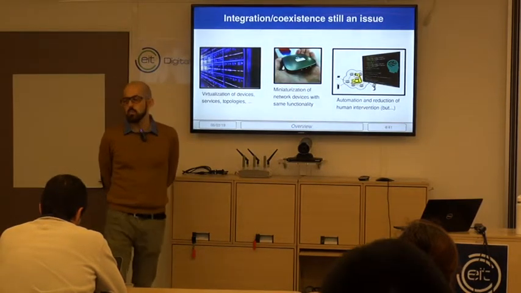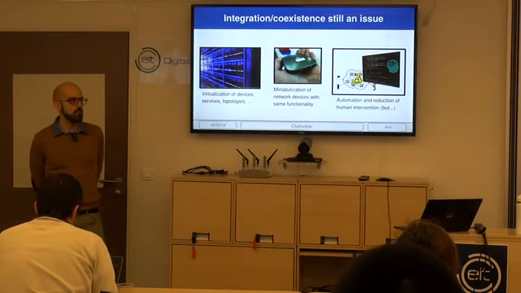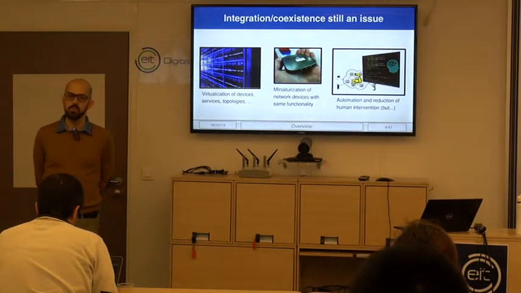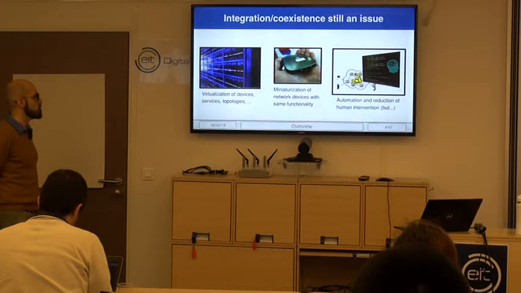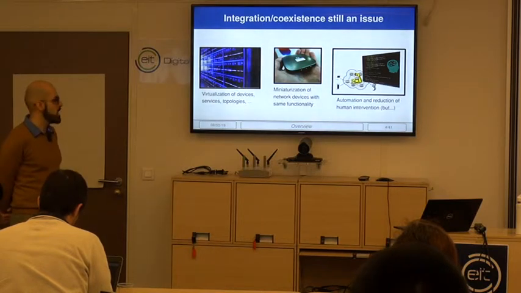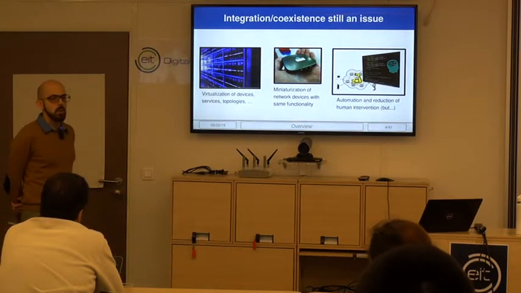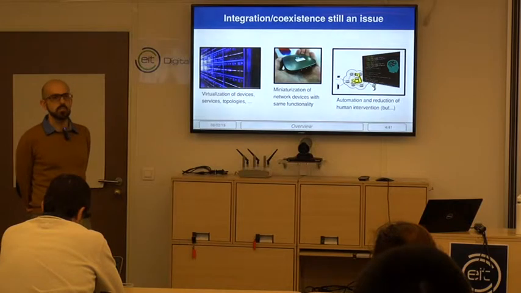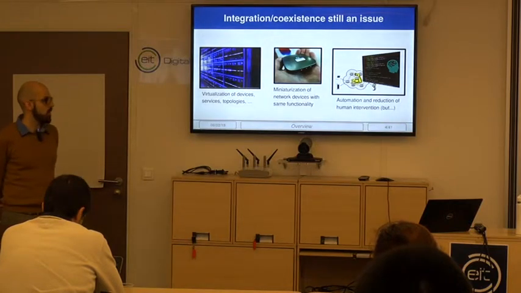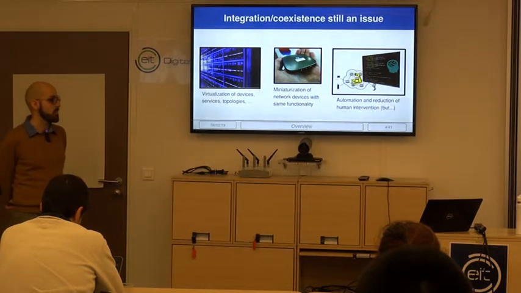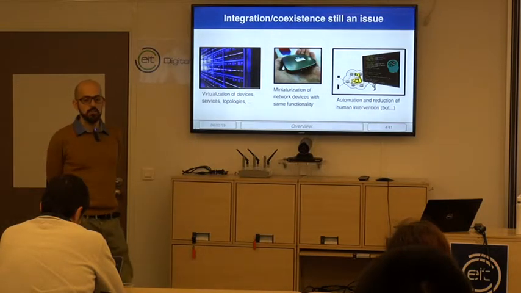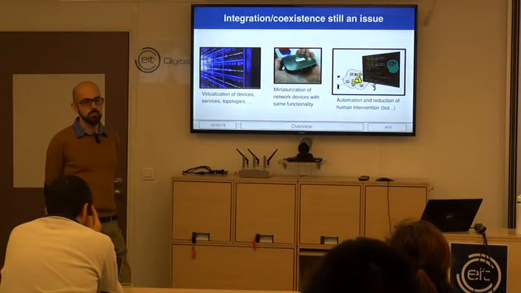But now everything is going to change. We have virtualization techniques, which allow us to get rid of the problems of the physical locations of devices. The size of a device is not really a problem right now. So miniaturization of devices with the same functionalities, and we are further reducing the human intervention.